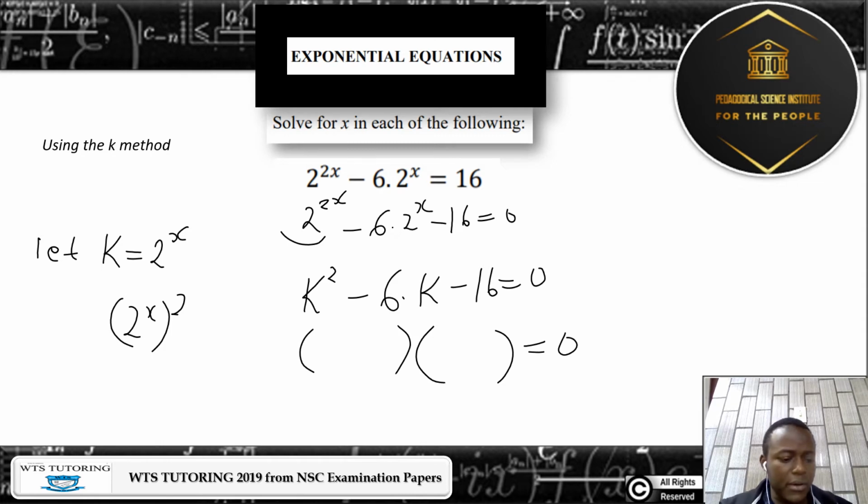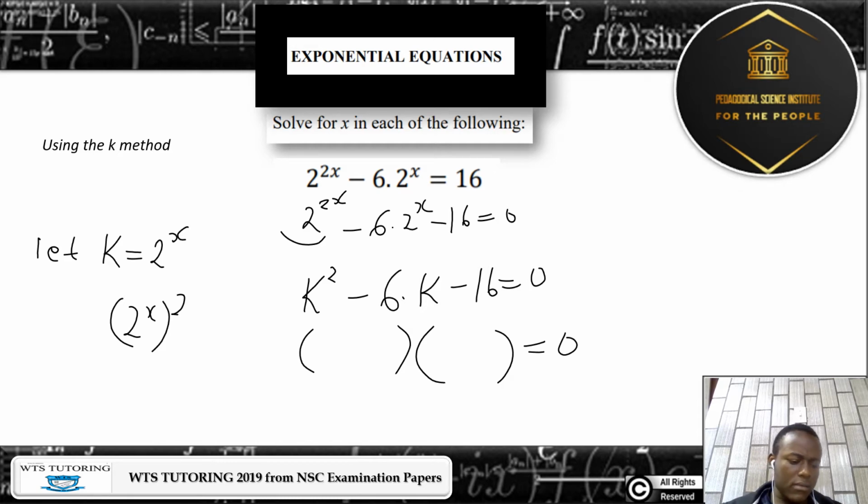Never stress about it. So let's see, 16. We want the factors of 16: 16 times 1, 4 times 4, and what other factors of 16? Let me think.